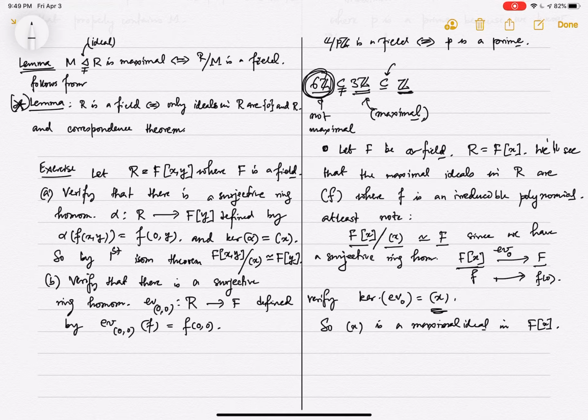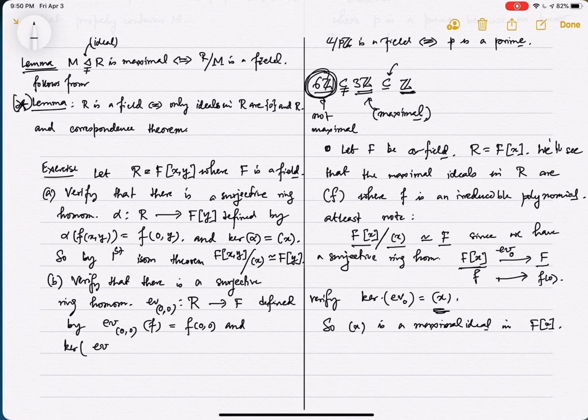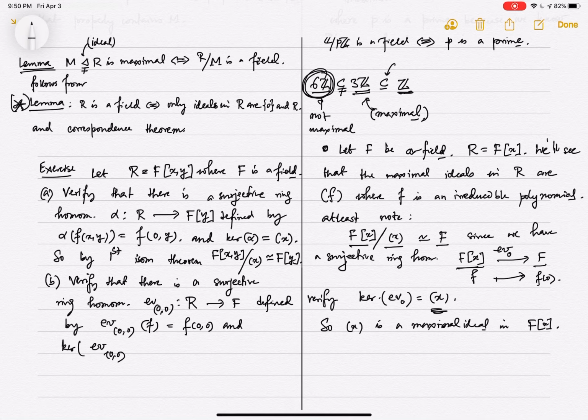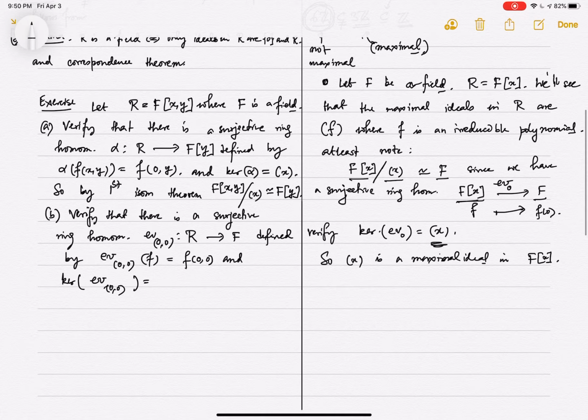And again, by the first isomorphism theorem, the two-variable polynomial ring, and the kernel of this guy. But there is this onto ring homomorphism, and the kernel of the evaluation homomorphism is all multiples of x and y.